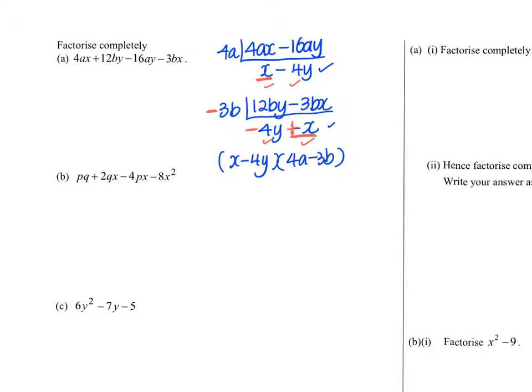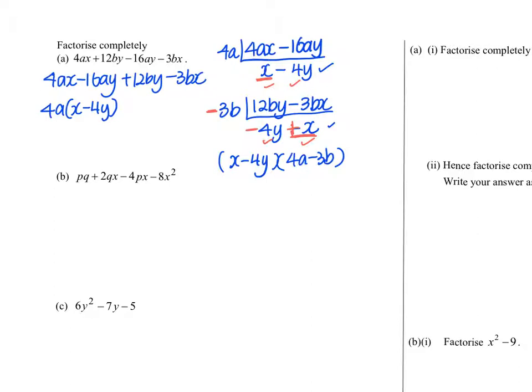Now, some of you do not use this method. Only some of them who are in my class since Sec 1 will use this method. Now, what about the other methods that usually teacher writes? They will write this such as 4ax minus 16ay, 12by minus 3bx. Then we will have 4a bracket x minus 4y. Please try to refrain from adding brackets that look like this.